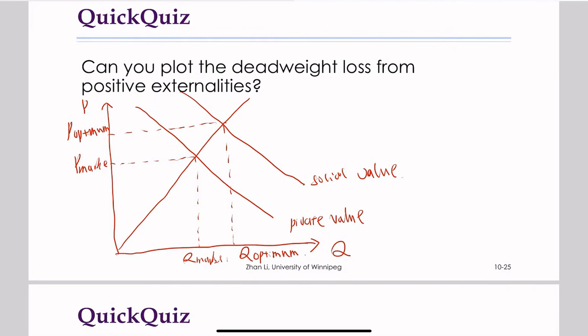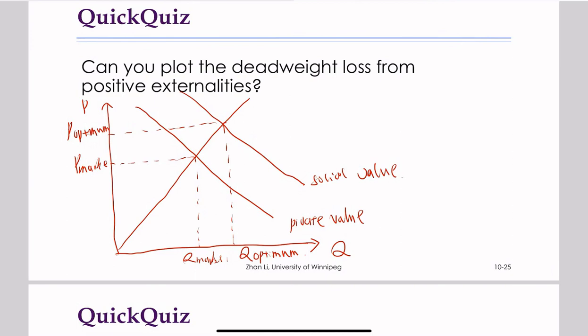Now, how do you find out the deadweight loss? Similar to the case when we were dealing with negative externalities. Remember that when we were dealing with negative externalities, we focused on the demand curve and the social cost supply curve.